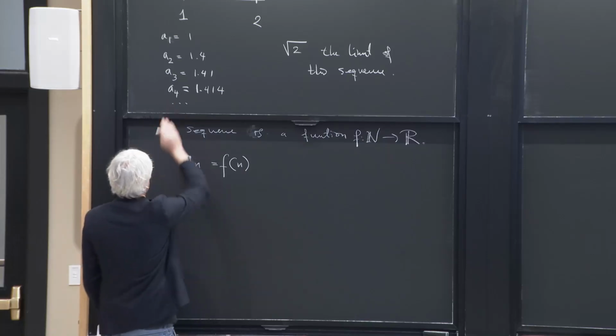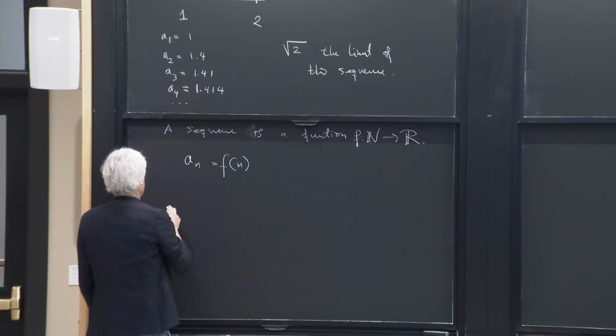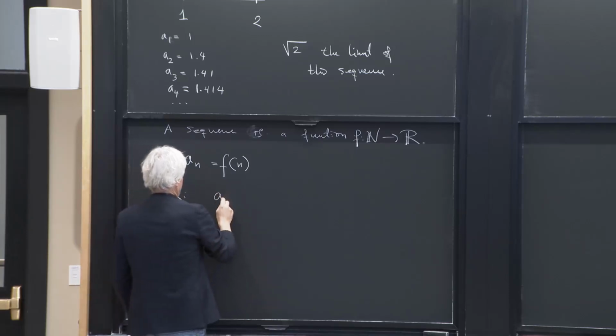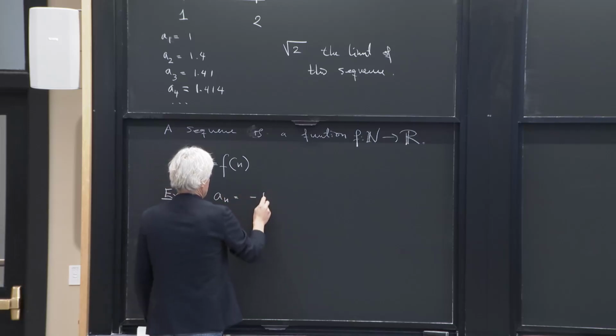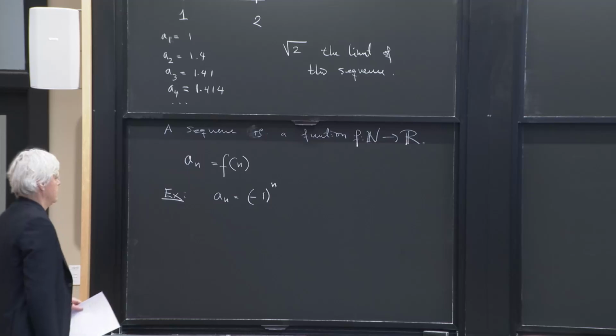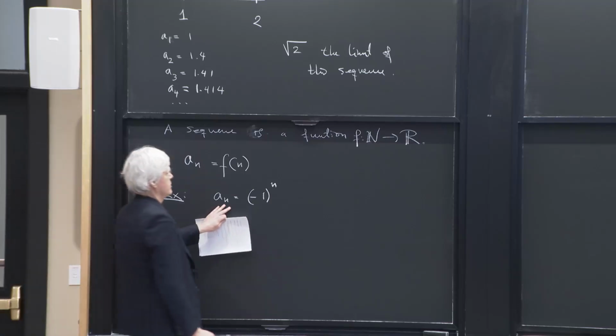So this here really is a sequence. Another example is where you have a_n equal to (-1) to the power n, where n again is a natural number.